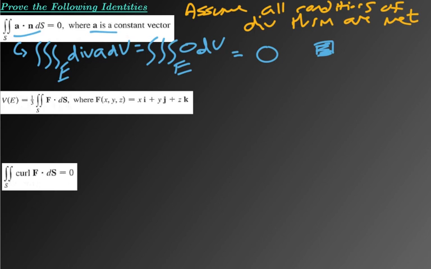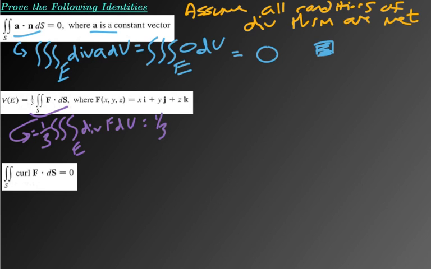So if we just work with that part, the divergence theorem is going to say I have the 1/3 times the integral of the divergence of F dV.